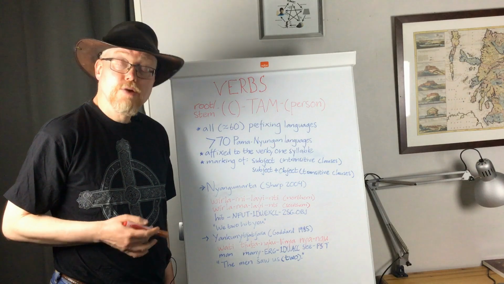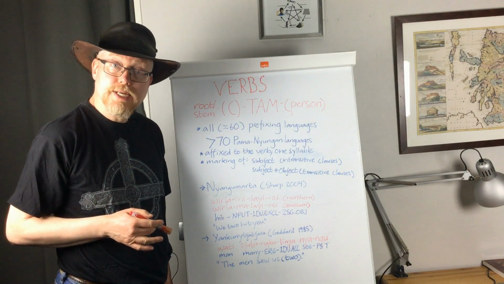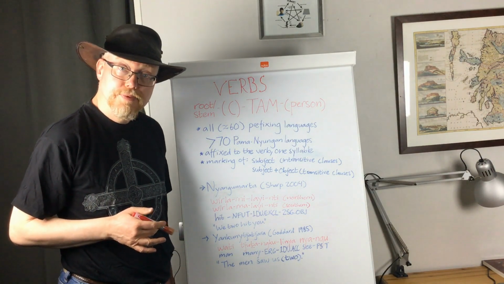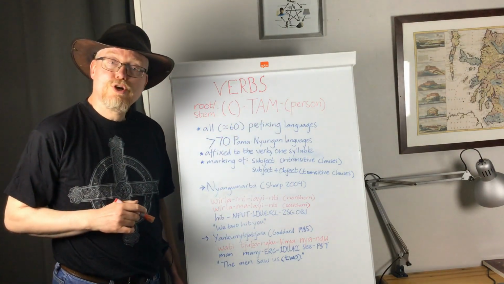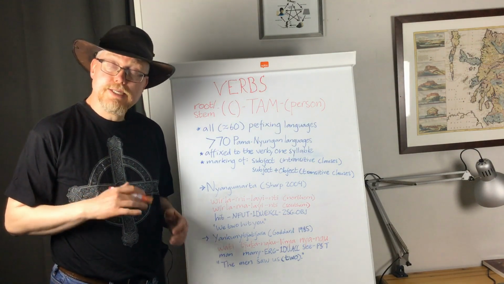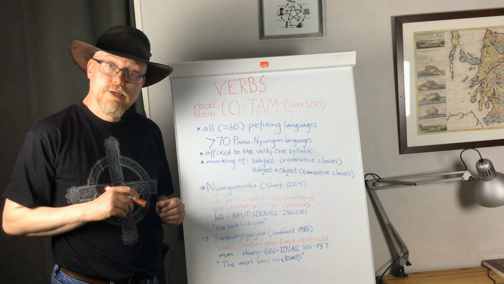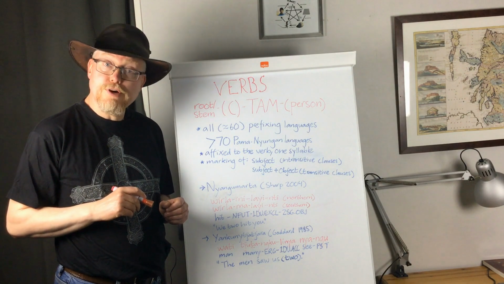Now, we might note that something peculiar happens in a smaller number of languages. You see person markers occur on the verb in most languages, and indeed this is common around the world, that we find person marking on verbs.